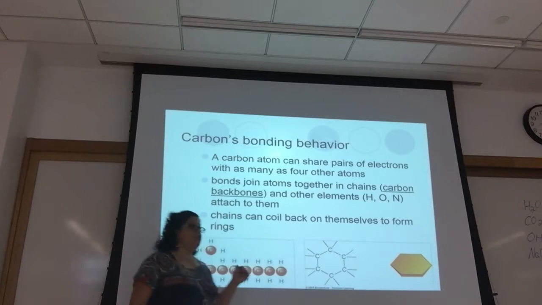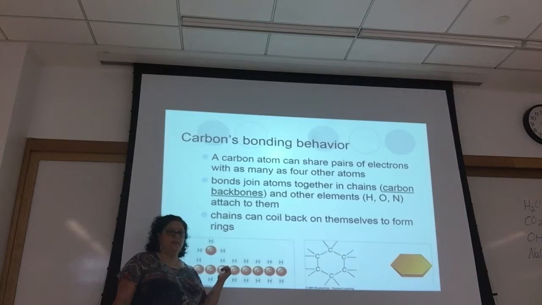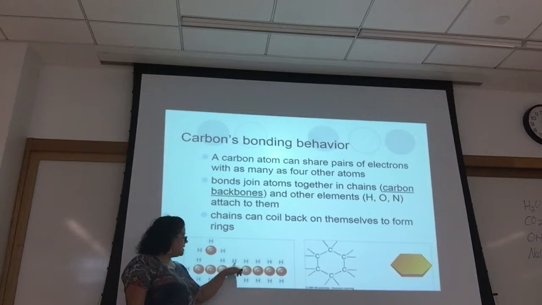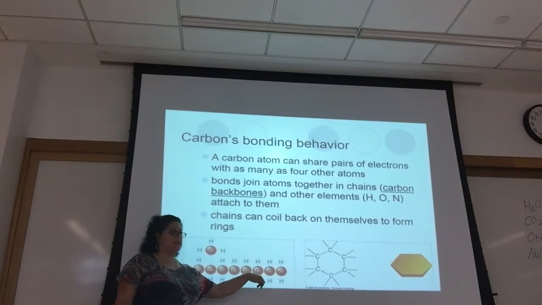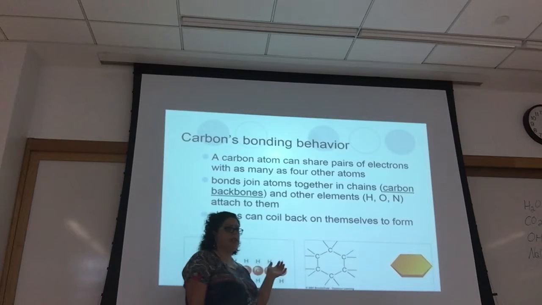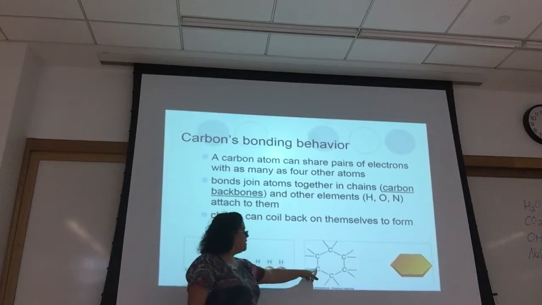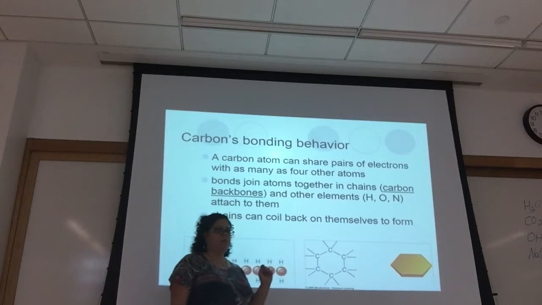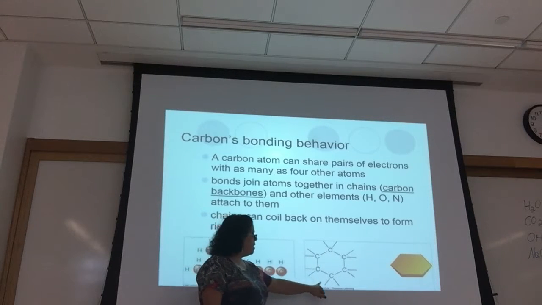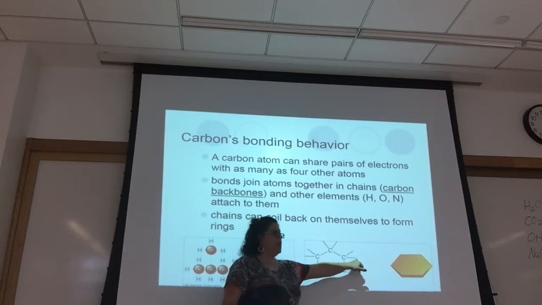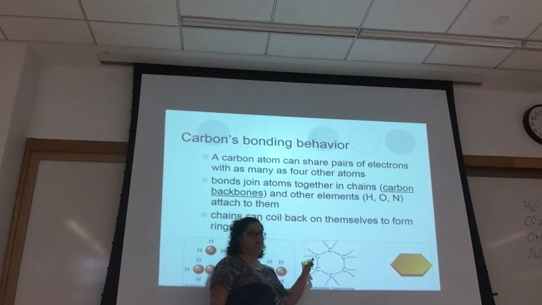Hydro for hydrogen, and obviously carbon. By the way, I would not have you draw anything like this. But if I show you this, you should recognize that it's a hydrocarbon, that these lines are single covalent bonds. This is another diagram. Each of the C's is a carbon atom. Here they're not showing you, but we are going to assume that there are hydrogens at the end of all of these branches.